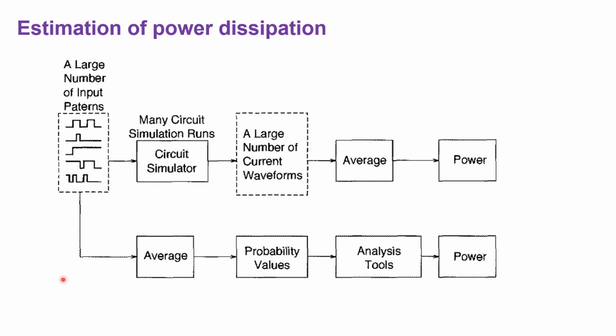Here is the block diagram used to estimate the power at all five levels. A large number of input patterns, such as non-return to zero, return to zero, bipolar return to zero, and non-bipolar return to zero, in any form, are given to the input of the circuit level, with many circuit simulation runs.